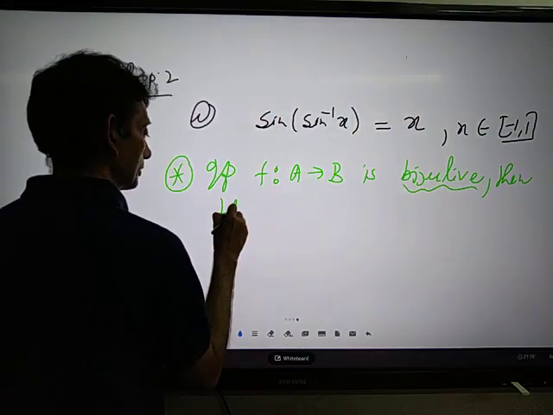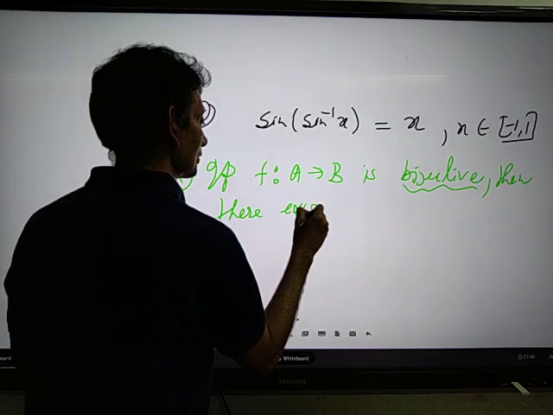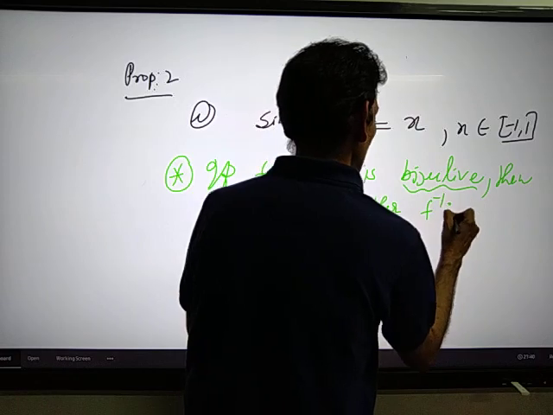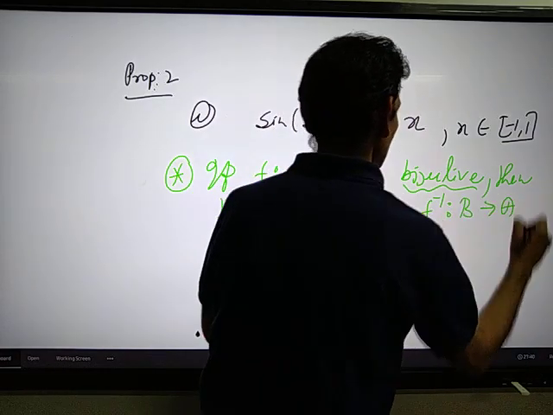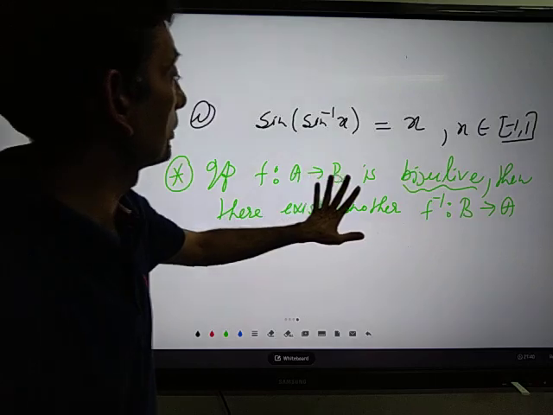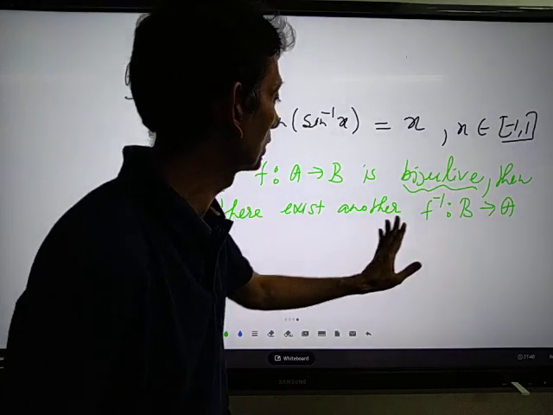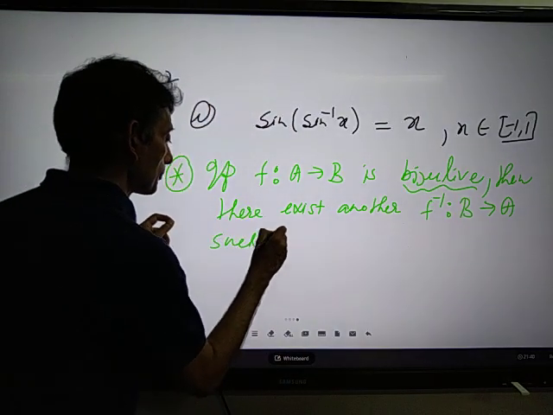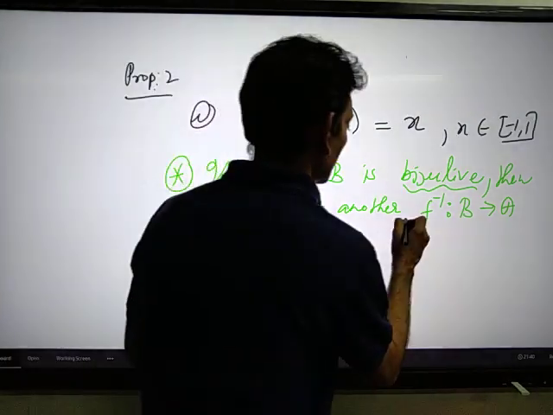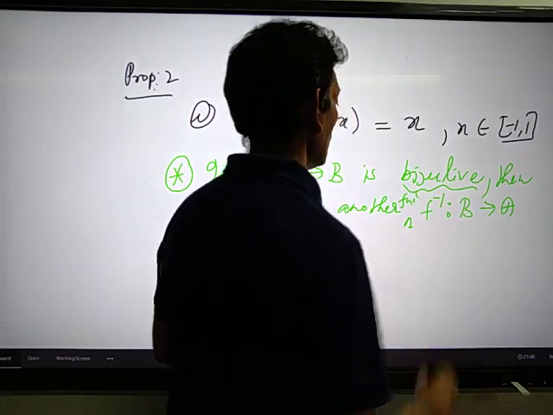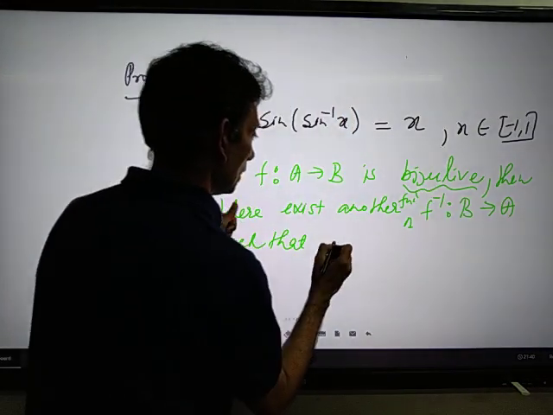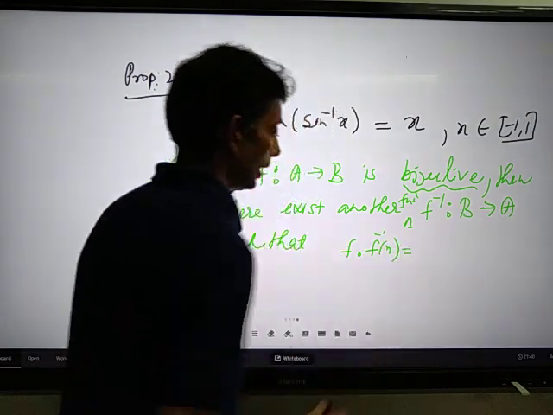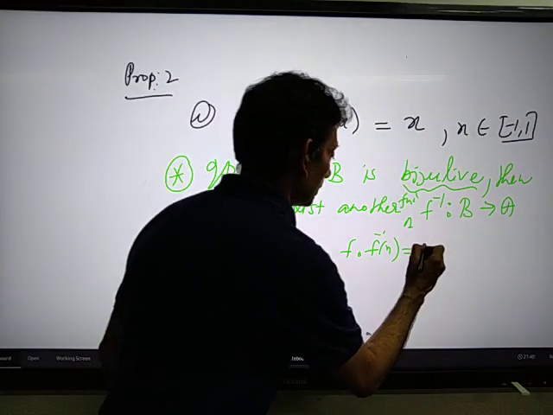there exists another function f inverse from B to A such that f dot f inverse x is equal to x.